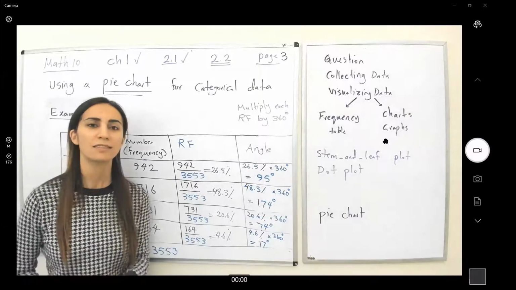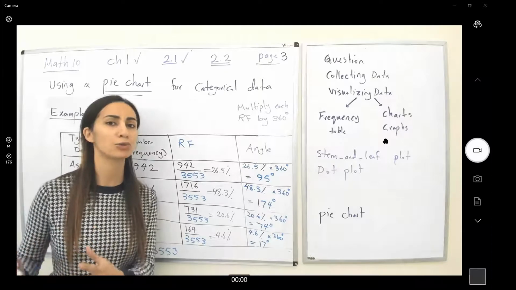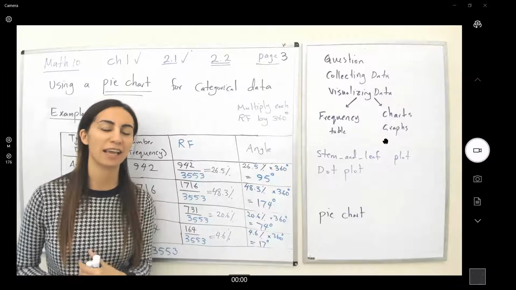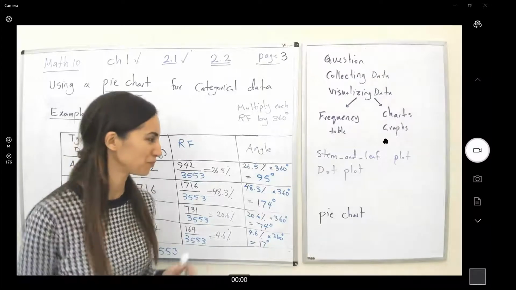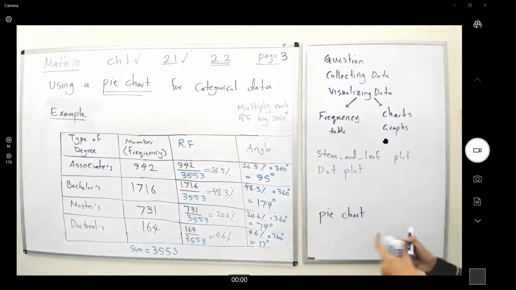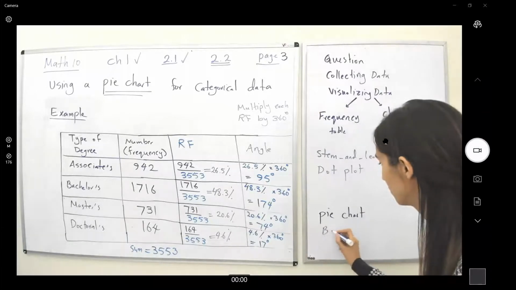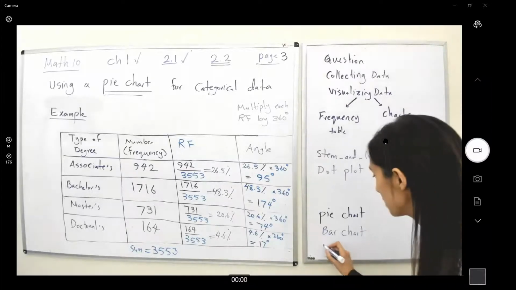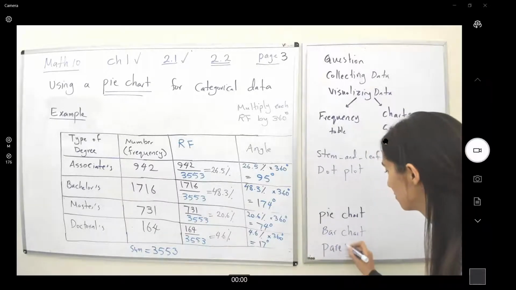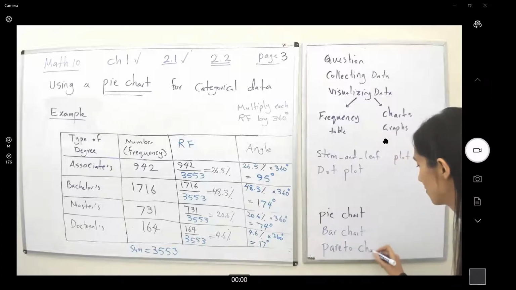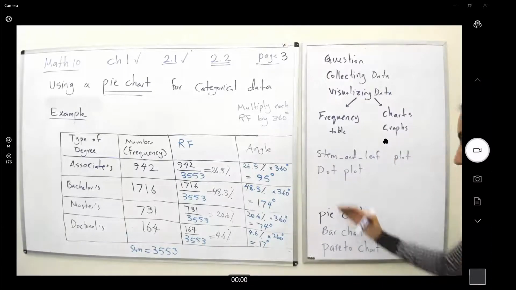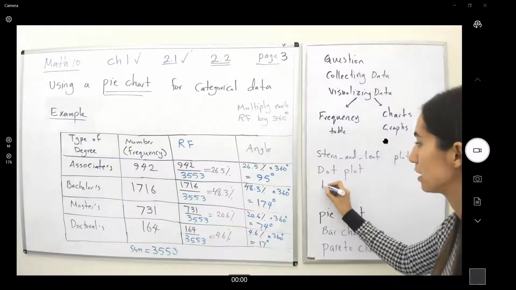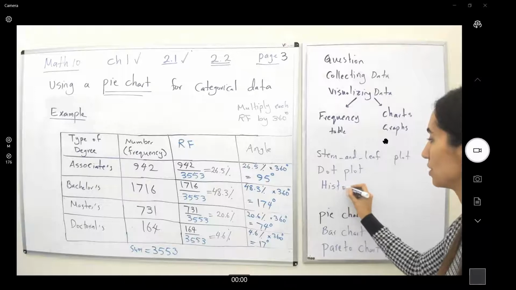Very well. So last time we saw histogram. This time we're going to talk about bar chart and Pareto chart. Note that I'm just separating these. I'm adding histogram here.